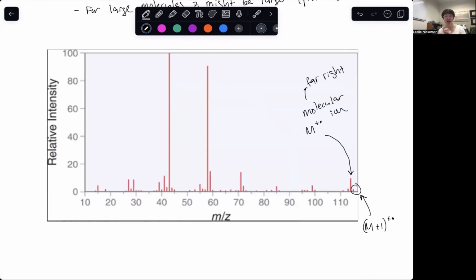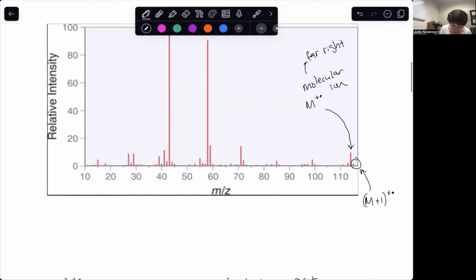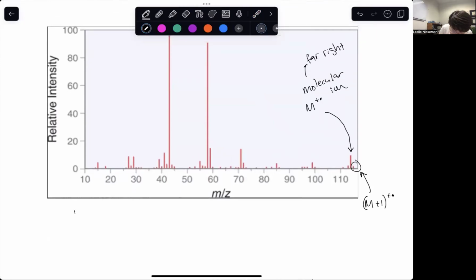That's actually an example of an isotope effect showing up. If we look at carbon, it typically shows up as carbon-12, but we also have an amount of carbon-13 in natural abundance on Earth. Carbon-12 makes up about 99% of carbon atoms, and carbon-13 makes up about 1% of carbon atoms.